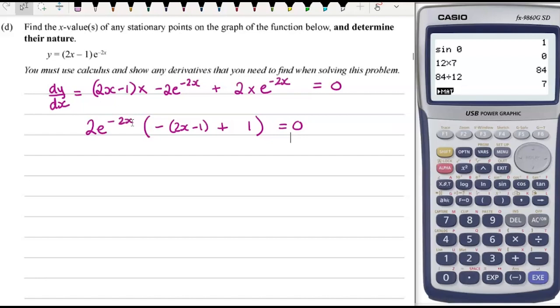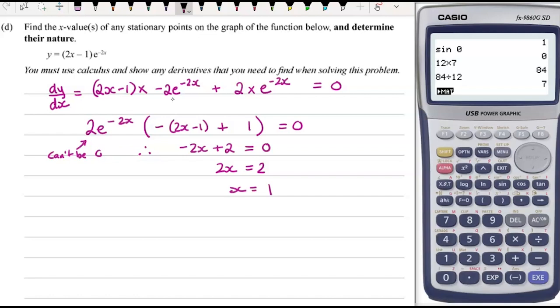So it leaves us with this part in the bracket must be the bit that equals 0 if we're timesing two things together to make 0. So e can't be 0, therefore minus 2x plus 1 plus 1, so that'll be plus 2, has to equal 0. So 2x equals 2, x is 1.